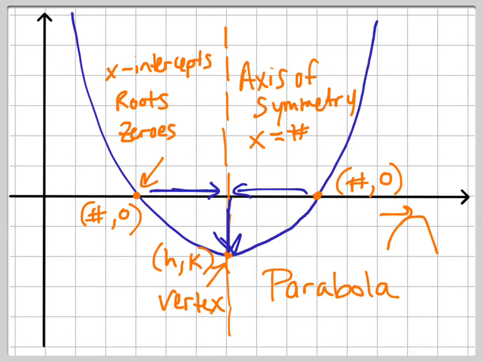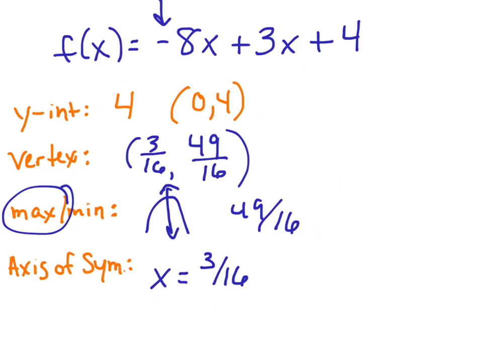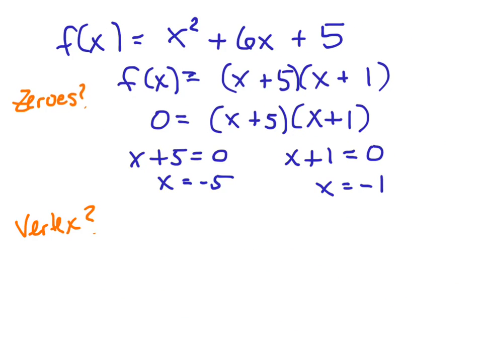So the vertex is halfway between the two zeros. How do we find something that's halfway between two numbers? We average those two numbers. So if I take the x-coordinates for my zeros and average them, that's going to help me find the point that's halfway in between.